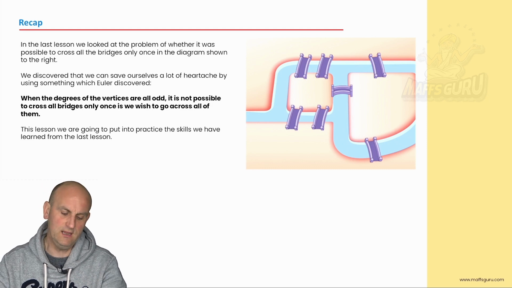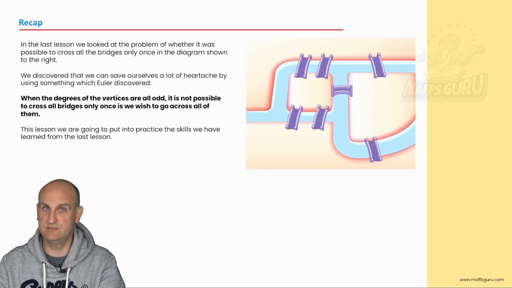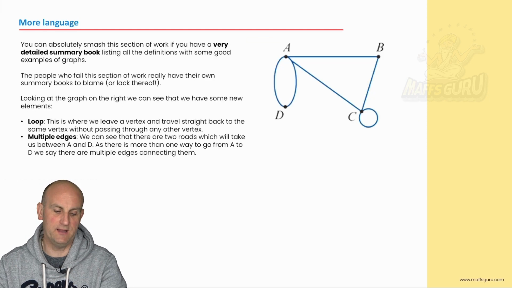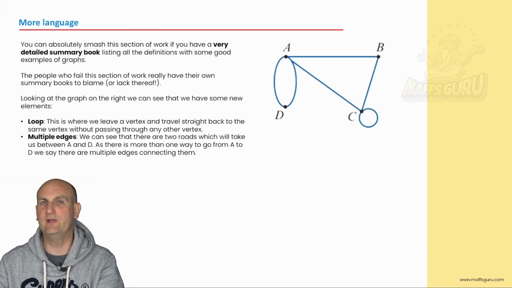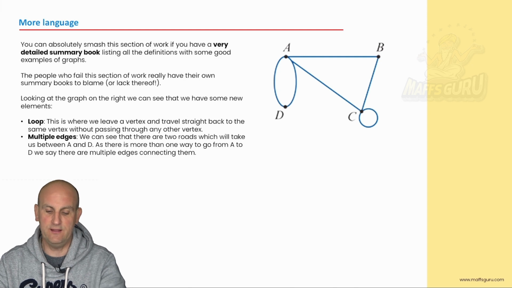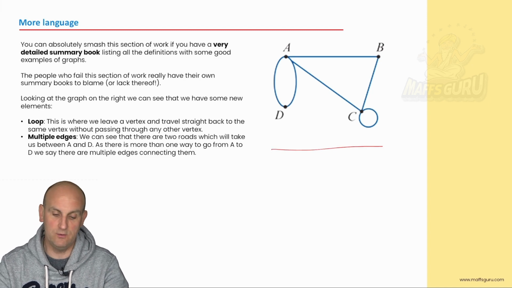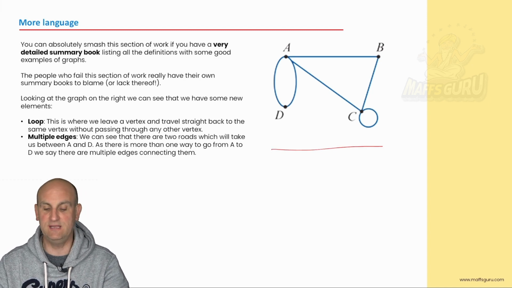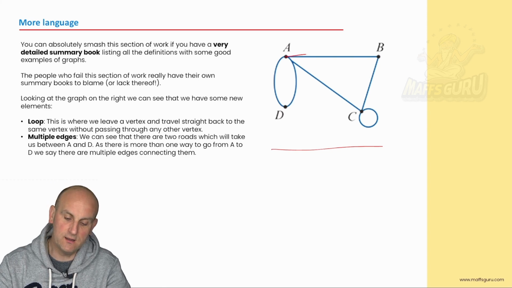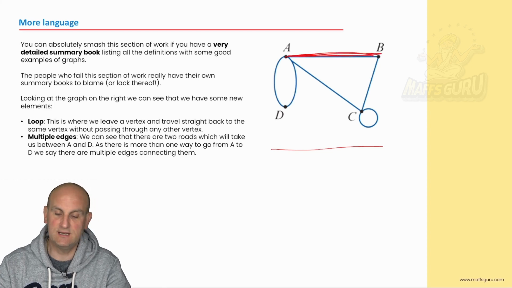It's a very short lesson, this one. I'm just going to introduce a little bit more language. This here is a graph. It basically connects things together. So here it could be 4 towns, A, B, C, and D. The lines that connect them are basically the connections.